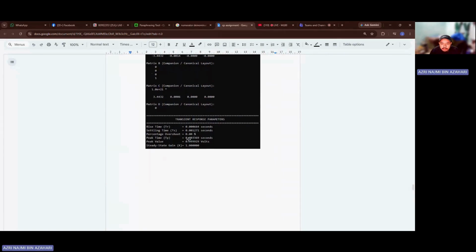It reached a peak value of practically 1 volt, which is 0.9929 volt at around 3.37 milliseconds, matching our calculated steady state gain, which is K of exactly 1.00. This tells us our circuit acts perfectly as a stable unity gain system with no signal attenuation over time.